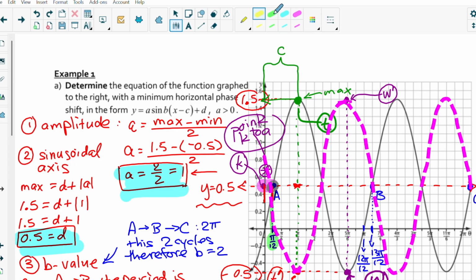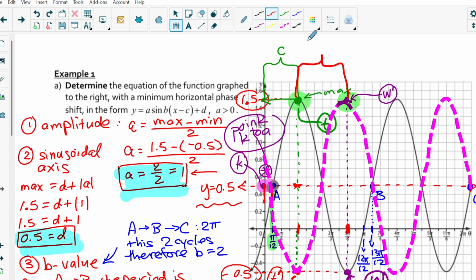So W prime, where is that? W prime right here. Okay, and then we're going to go to T. How many units is that? So what are we talking about here? Let's go there. What is this value?